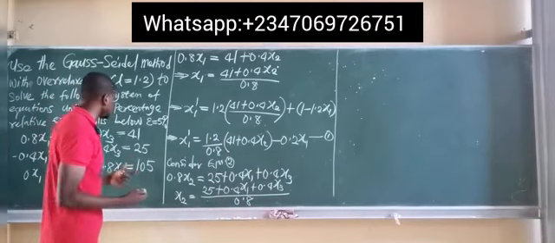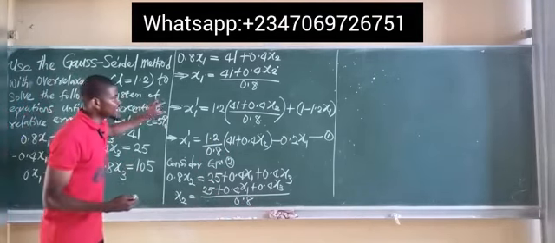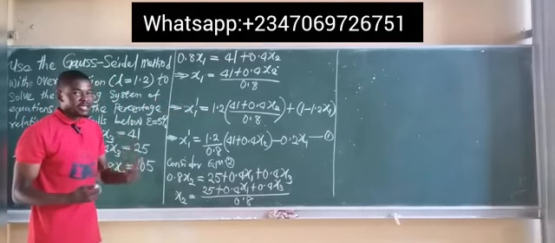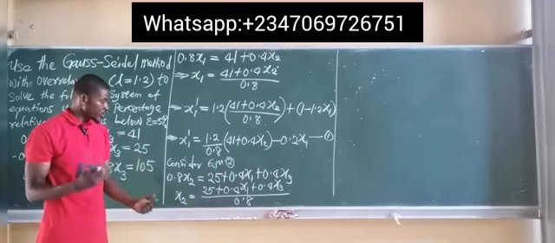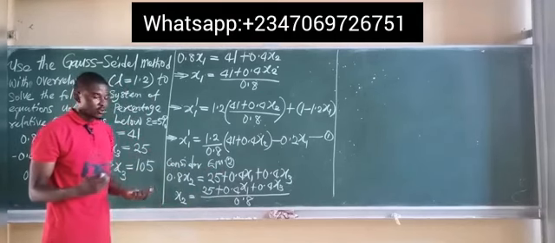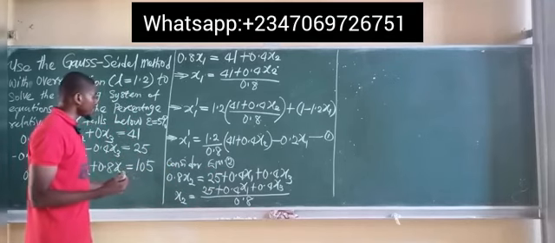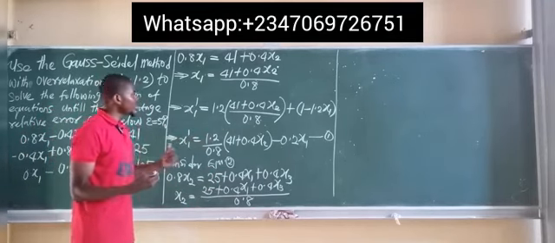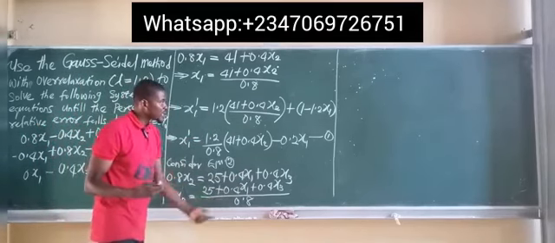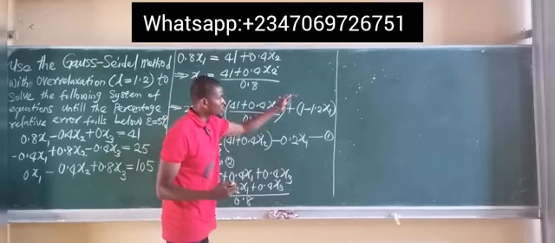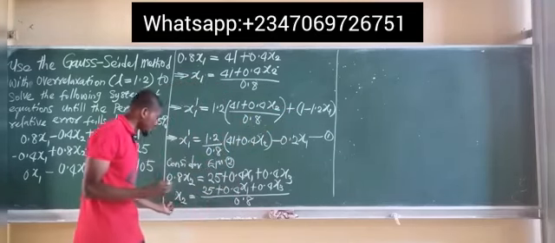Now, not forgetting, there is an overrelaxation value of 1.2, just like we did in the first case. Had there not been any overrelaxation, we would solve with this equation. I will do a different video explaining how we can also solve using the Gauss-Seidel approach when there is no overrelaxation. But now, because we have an overrelaxation, same thing you did here, use the value of the overrelaxation to multiply the whole of this equation. Then you add plus 1 minus that value of overrelaxation, which is 1.2, multiplied by x2 in this case.